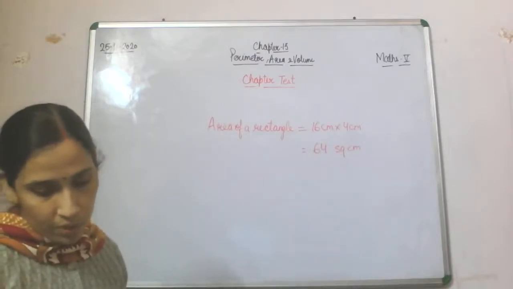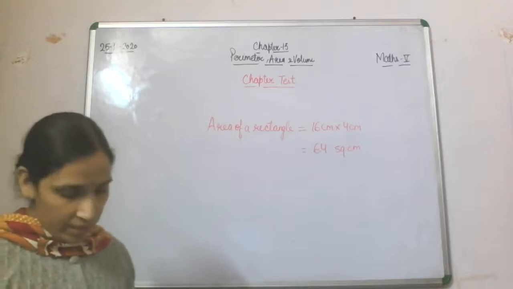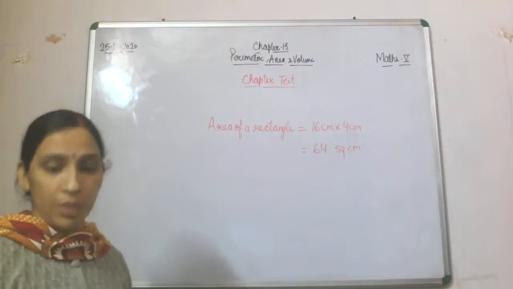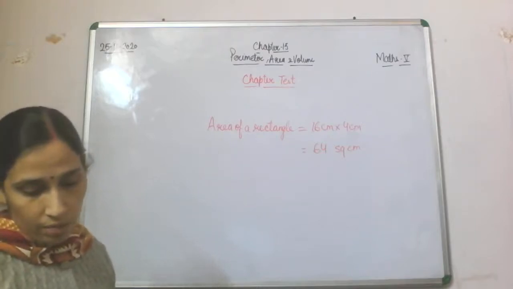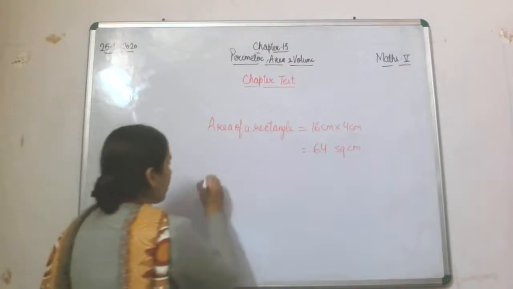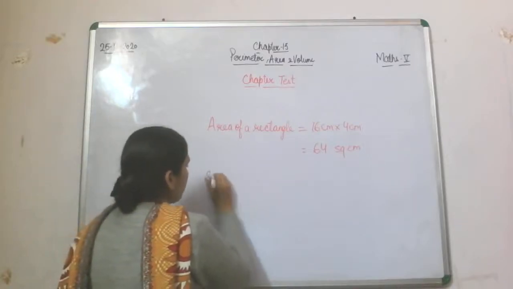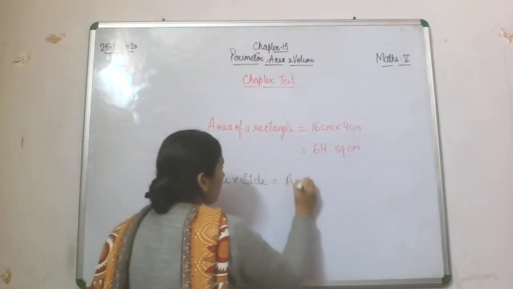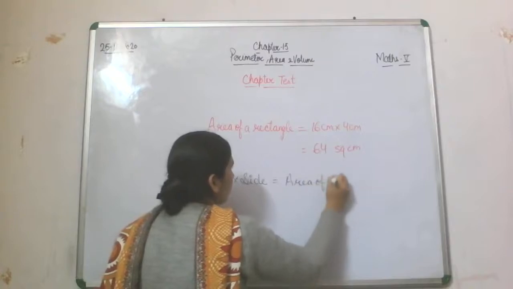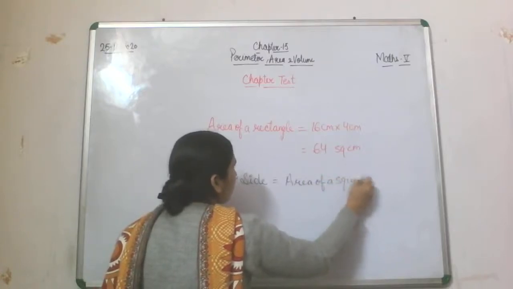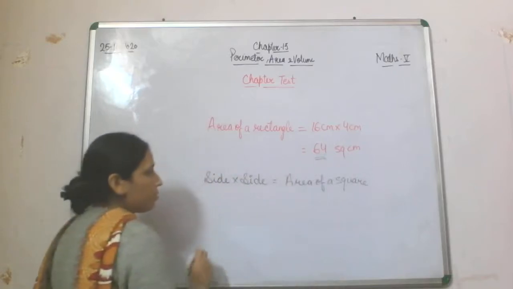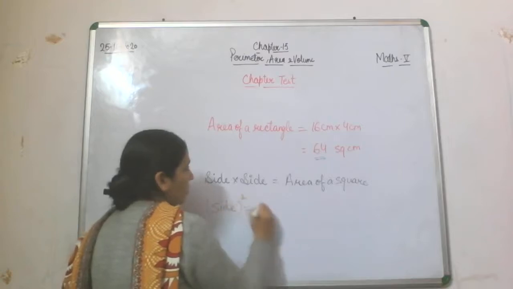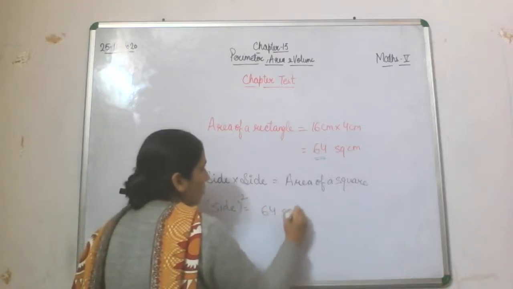Now what you are supposed to find out? If that square is having the same area, then how will we find the side of a square? So side multiplied by side is equal to the area of a square. We already found that, it is 64 square centimeter.